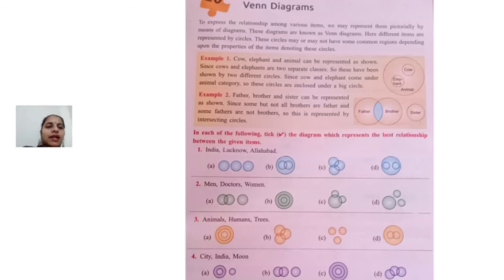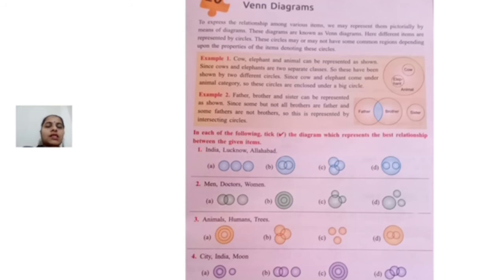Fourth, city, India, moon. A will be the correct answer, because in India there are many cities. So that is why inside circle means city, outside circle means India, and moon we can see from our India.